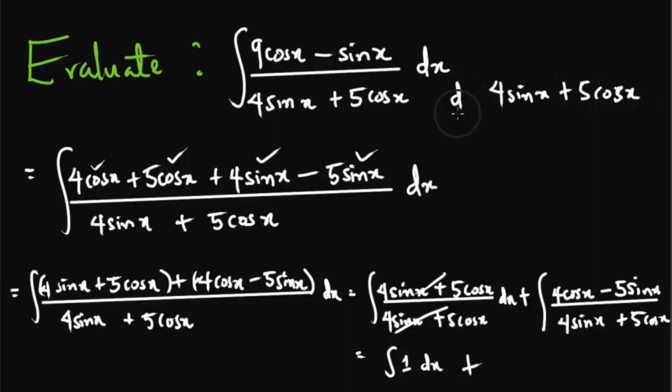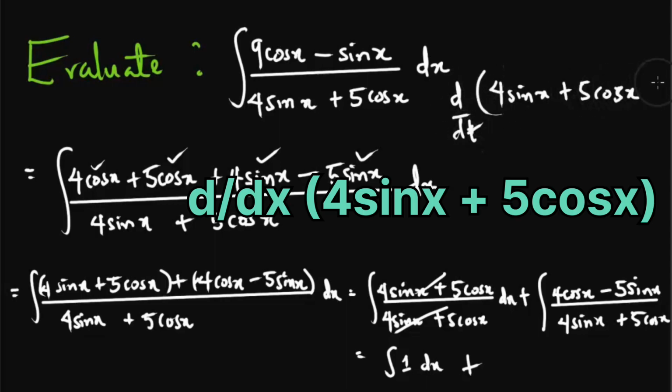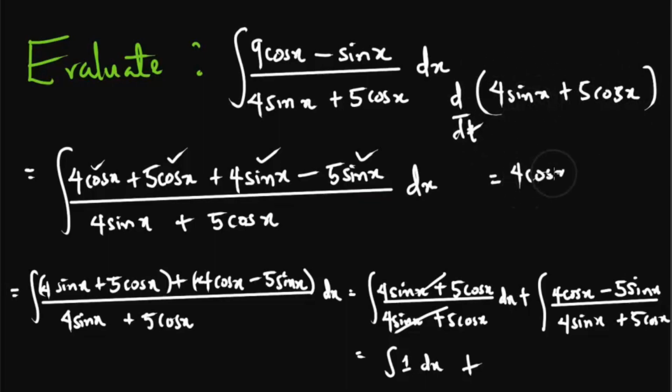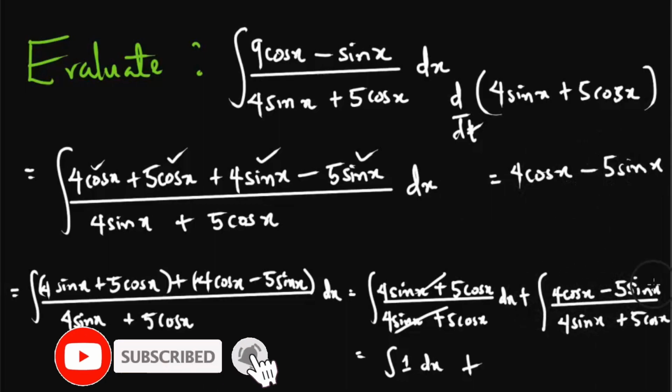When we differentiate our denominator, differentiating 4 sin x gives us 4 cos x, and differentiating 5 cos x gives us minus 5 sin x, which is exactly what we have as our numerator.